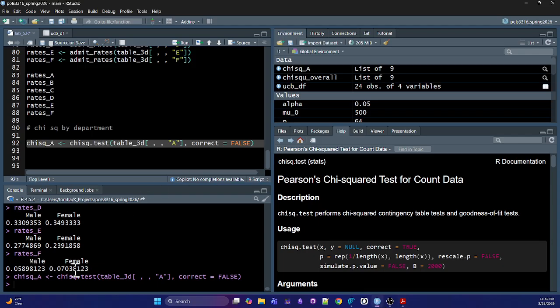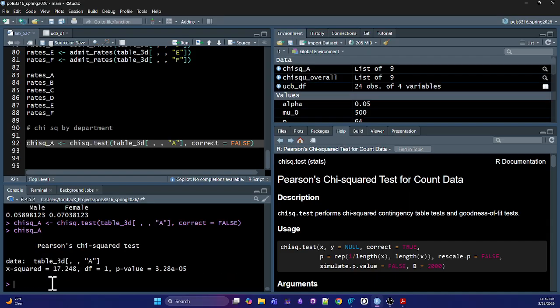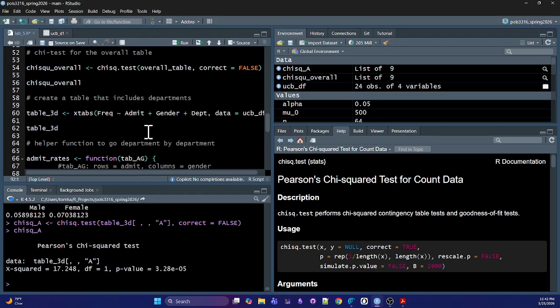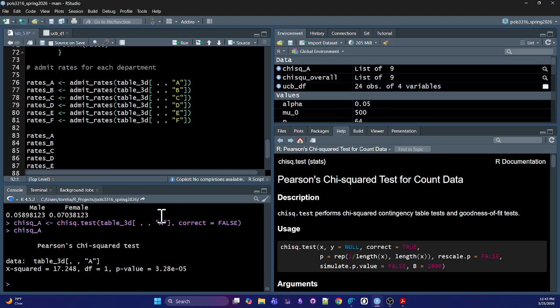Okay, I'm going to come down here and type chi-square A just to see what the result was. So it gives me the results of the chi-square test. And it turns out Department A was significant. Which one was Department A?